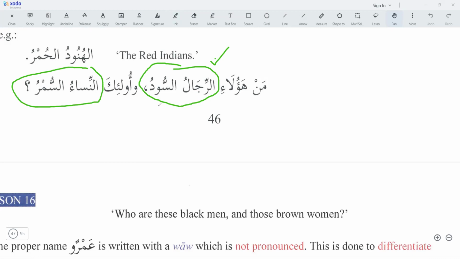So here you can see the plural of the feminine and the masculine are on the same pattern. And those brown women, sumru is brown. Who are these black men and those brown women?